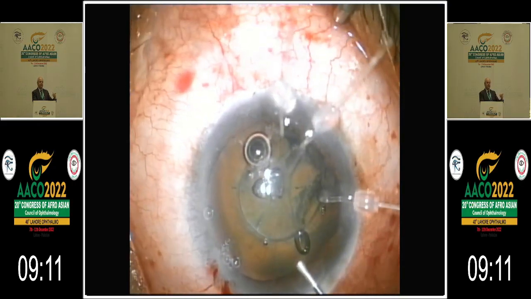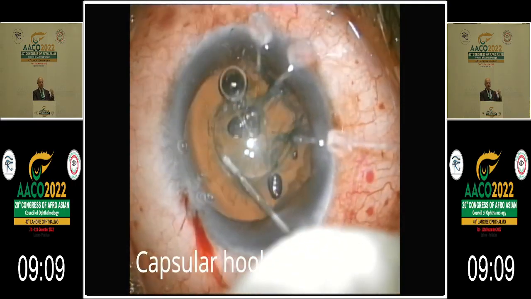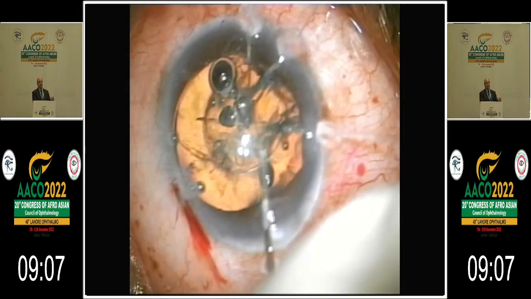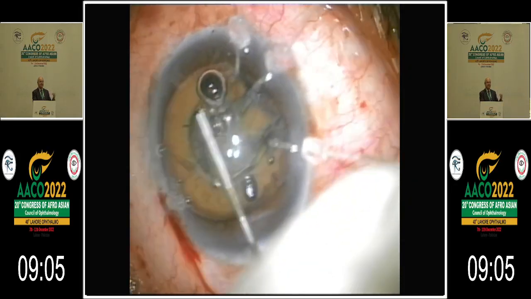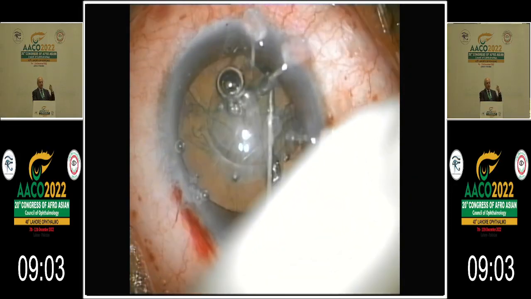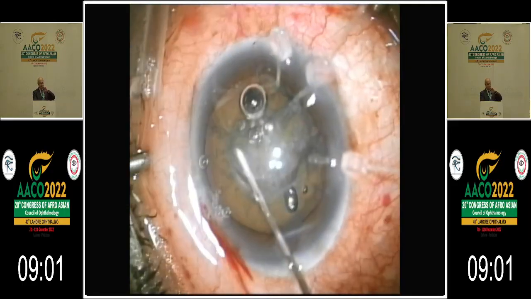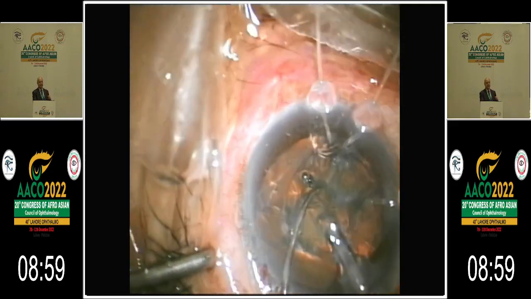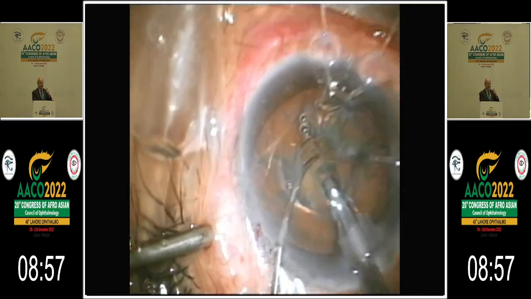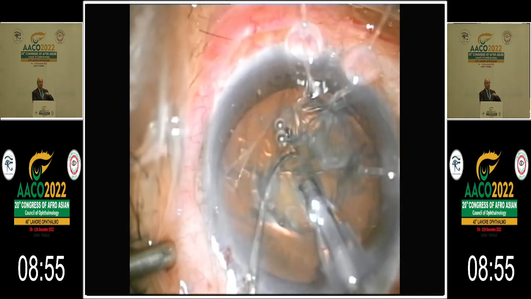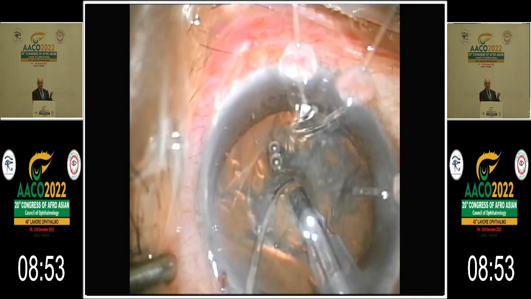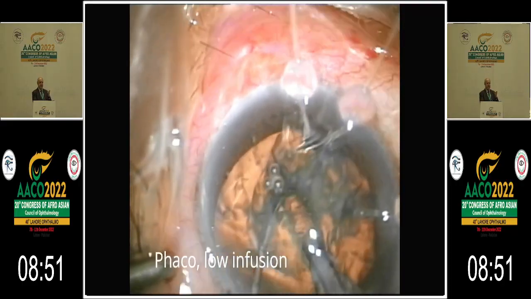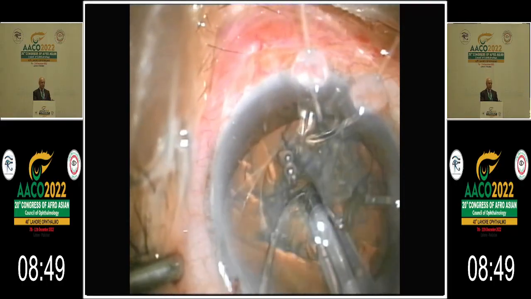After I remove the vitreous, I want to stabilize the lens to be able to do a proper and safe phacoemulsification. So I used 3 capsular hooks, and I prefer capsular hooks over iris hooks because they are longer and blunter, so it's safer. The iris hooks can tear the anterior capsule.